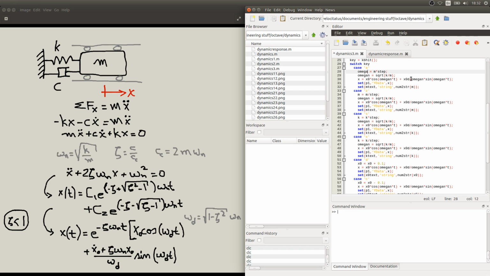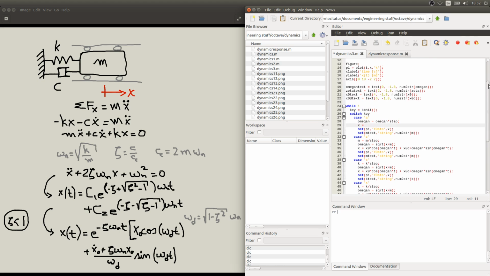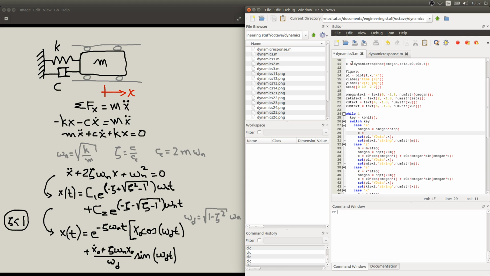So let's go on and start changing this to reflect our new script in which we use directly the non-dimensional parameters. And also in these lines here, we're going to use our function again as we have here in the line before. So I'm just going to copy and paste this line here.